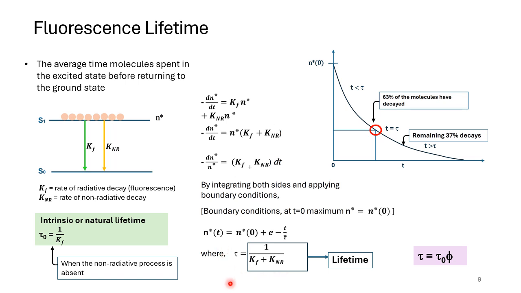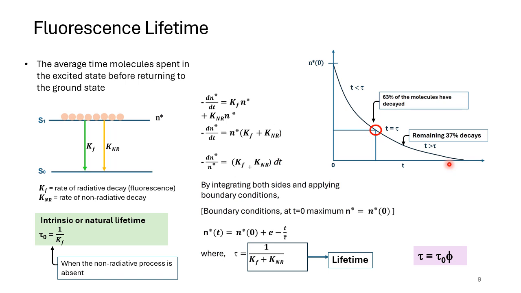So this tau is known as the lifetime of the fluorophore. And if we plot this equation, we will get an exponential decay curve like this.